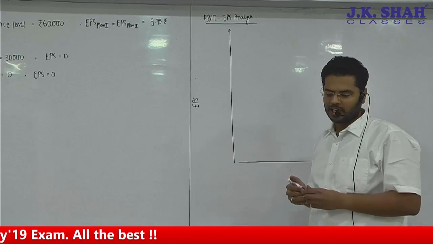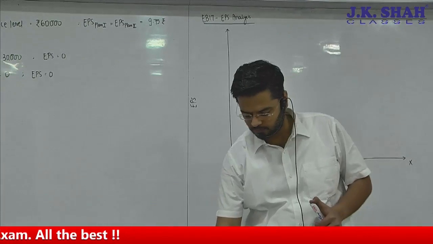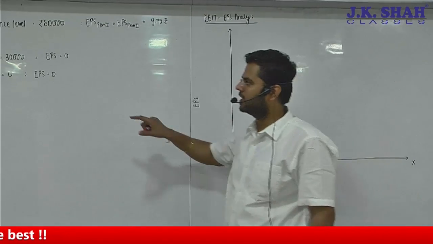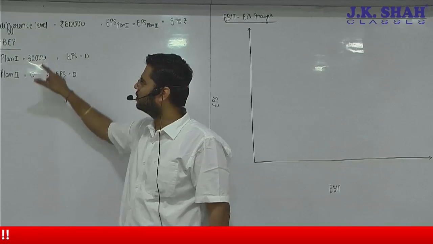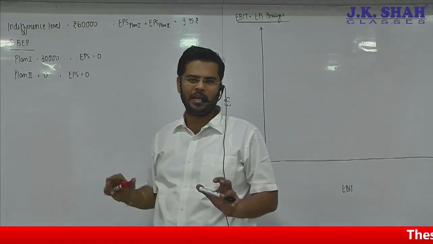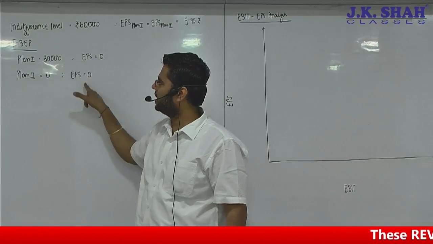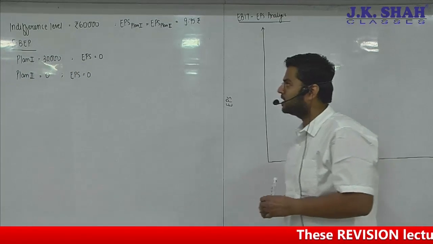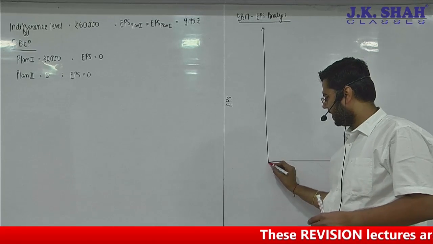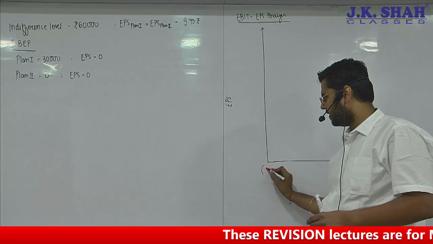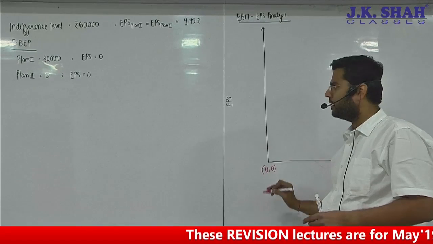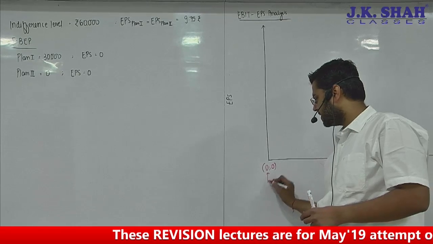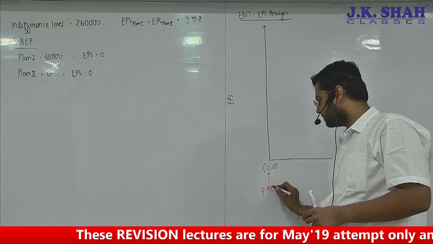Let me first start with plan 2, and let me take up the FBP of plan 2. Now friends, FBP, again I'm telling you, is also a special EBIT, and at that EBIT EPS is 0. So if I begin with plan 2, at 0 level of EBIT, plan 2 will give us 0 EPS. So this becomes what? This is FBEP of which plan?